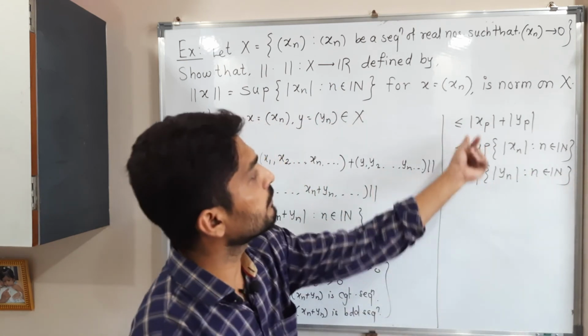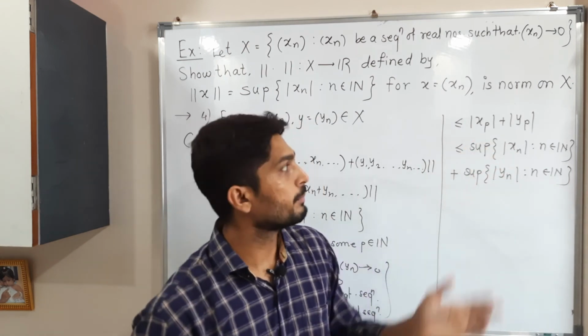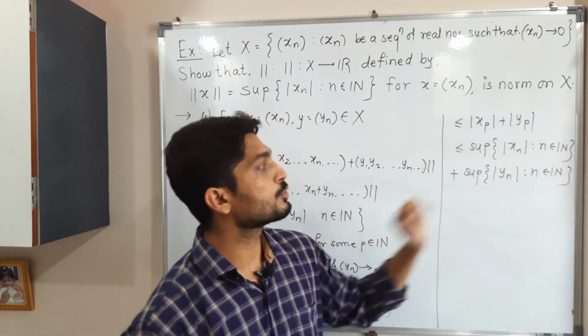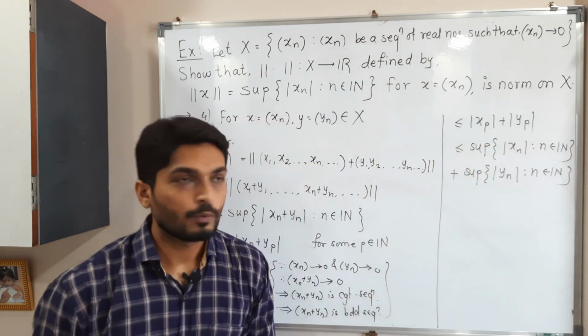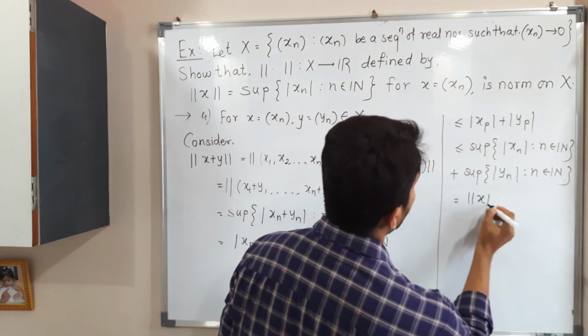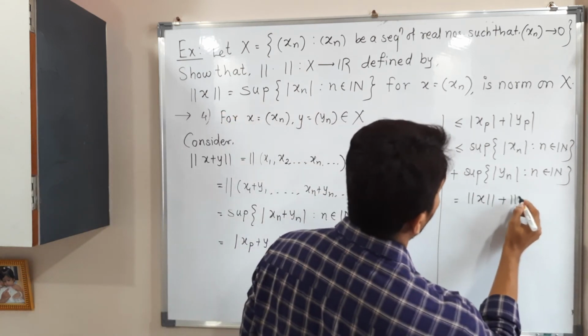The first one is obviously less than or equal to its supremum. Maybe it will be its supremum, I don't know, but it will definitely be less than or equal to its supremum, and mod yp is also less than or equal to supremum of mod yn. So this is nothing but norm x, the definition says, and this is nothing but norm y.